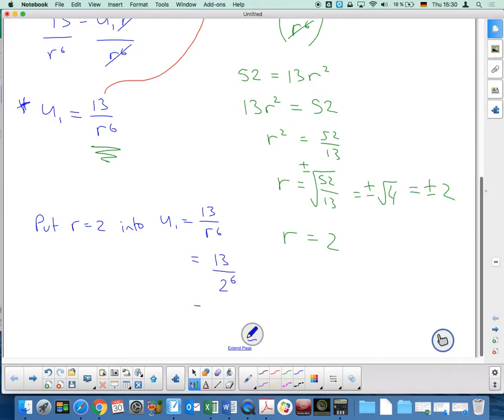And again, you might want to jump into your GDC and do that, or if it's paper 1, you can't. Now 2 to the power 6 is 64. Now if you do 13 divided by 64, you get a long decimal answer. You don't need to do that. You can simply use 13 over 64 as your first term.